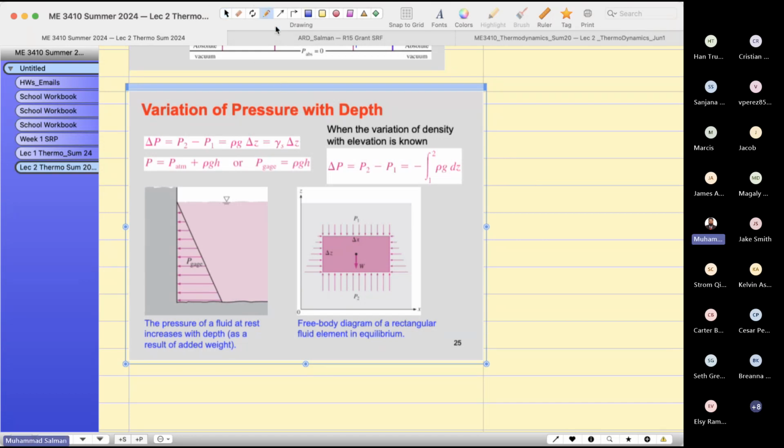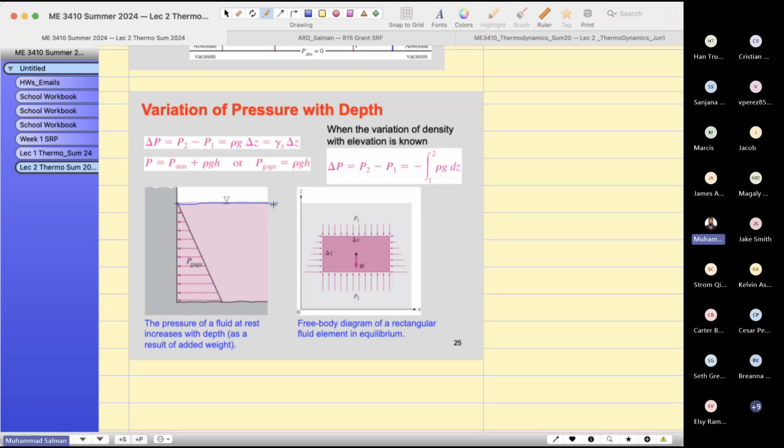Pressure varies with depth. At the surface, pressure is atmospheric pressure, but at the bottom, the pressure increases. So you have to consider this as the height of the fluid.